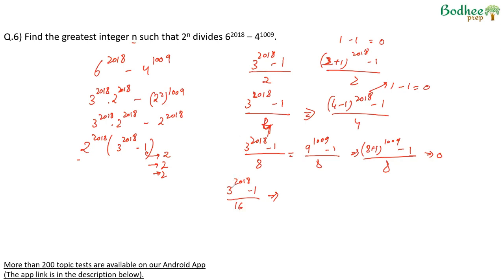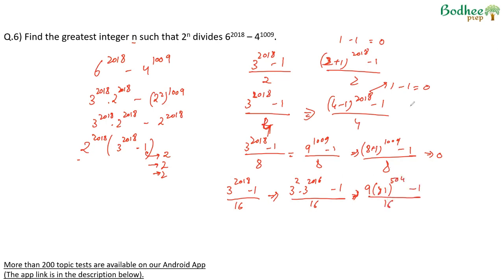So we want to take the power of 3 as 4. 2018 is not divisible by 4, so we write it as 3 square into 3 raised to power 2016 minus 1 divided by 16. So this becomes 3 square, 9, into, from here we can take out the 4, so 81, 3 raised to power 4, raised to power, here we'll have 504 remaining.